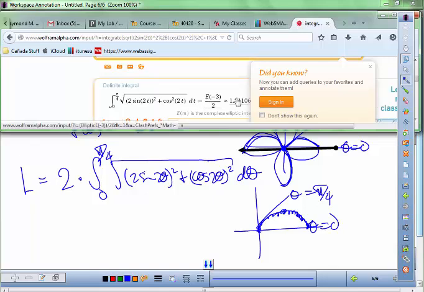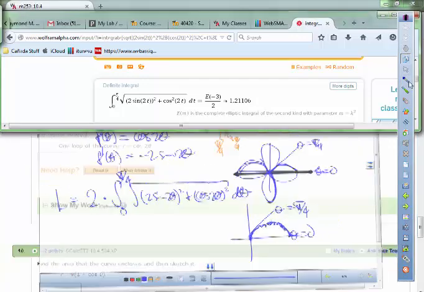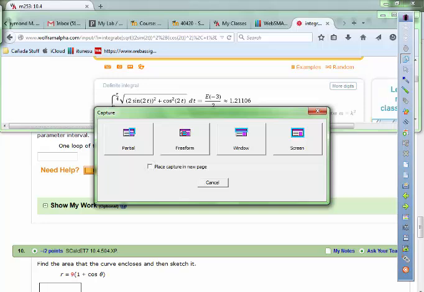What's E? So it looks like we have an elliptic integral involved here, that fortunately we don't have to worry about.